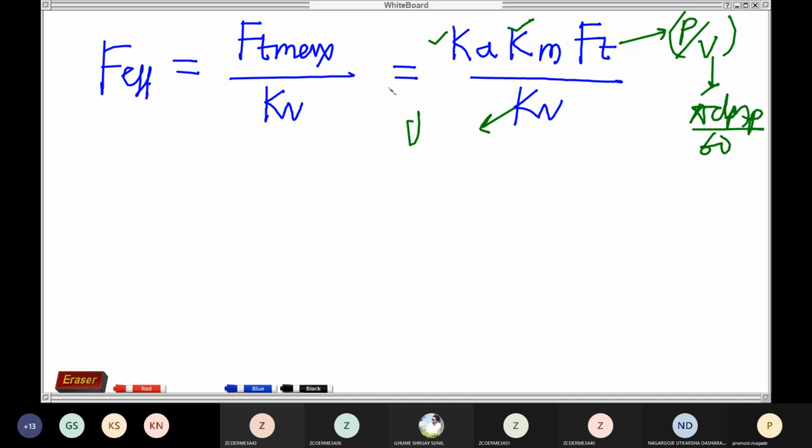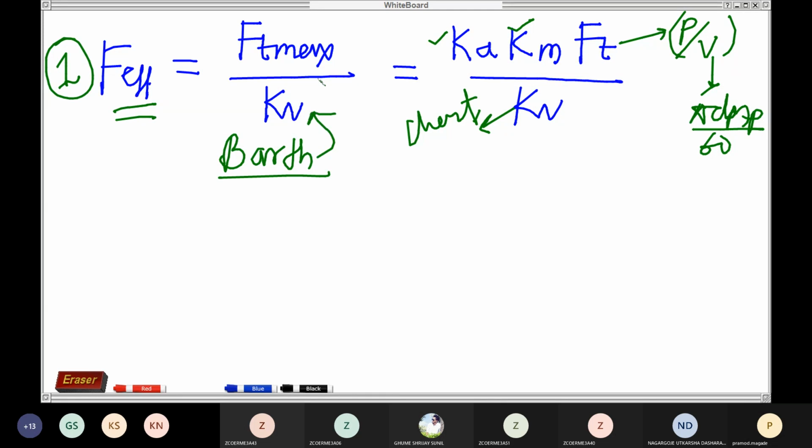If not, they will give the chart. So how to select, I told. So this is about the dynamic load condition, and this was actually the first method to calculate the dynamic load, that is effective load, in case gear pairs are moving. So this point we have covered, and it is also called the Barth factor. Barth factor. So this Kv. So that also we have seen.